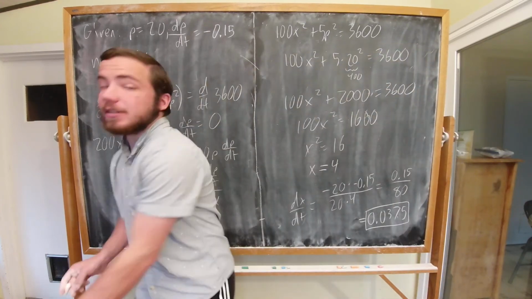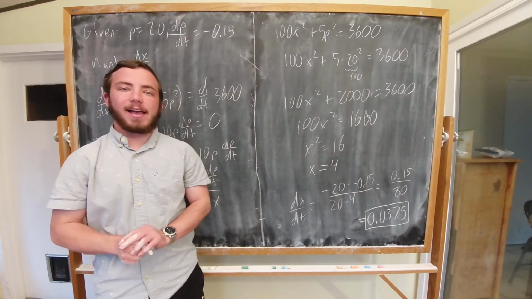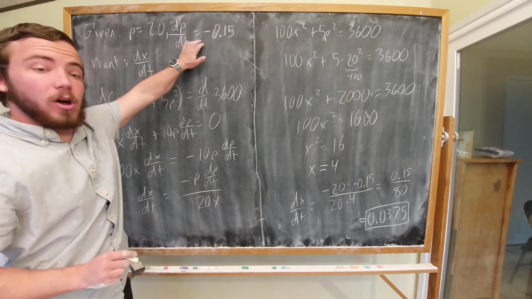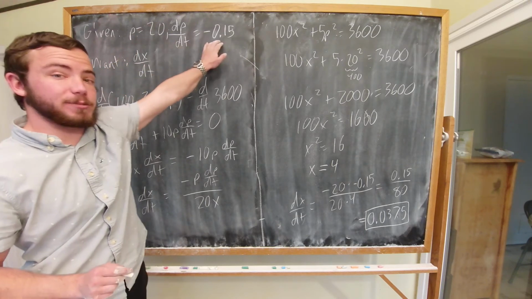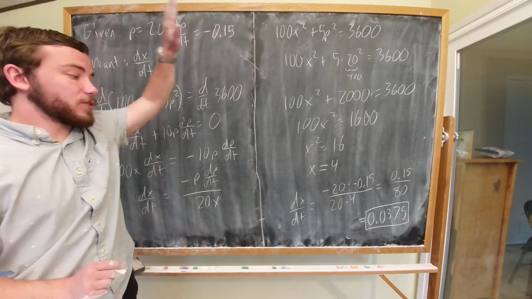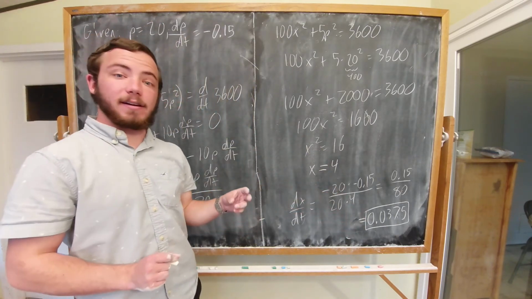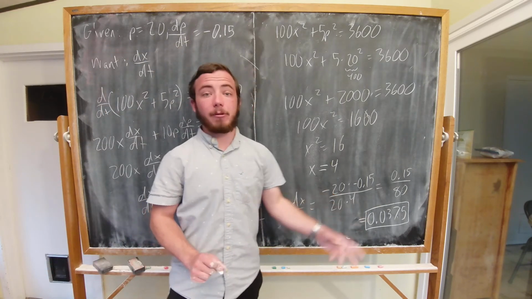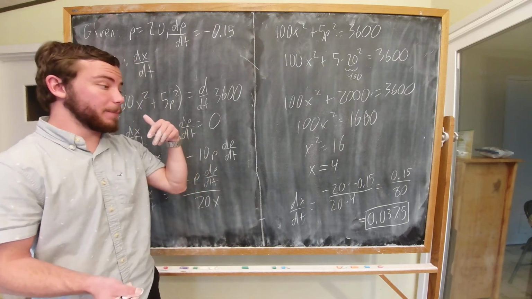Alright, and we ask ourselves, does this answer make sense? Yes. Here's why. We are having a small decrease in the price, right? Relative to the original price, this is a pretty small decrease. So we're getting a small increase in demand. If I got a negative answer somewhere here, I would know that I dropped a negative sign somewhere, right? Since when price goes down, demand should go up.